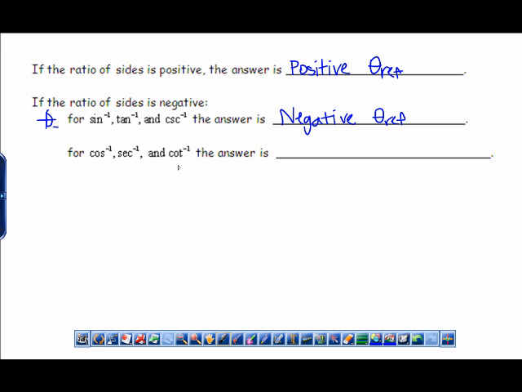For the other three, let's draw this out. Remember that these have a restricted range from 0 to pi, so it puts you in quadrant 2. So your answer is going to be positive. Do you remember how we found the answer? We did pi minus the reference angle every single time, and our answer was positive on that.